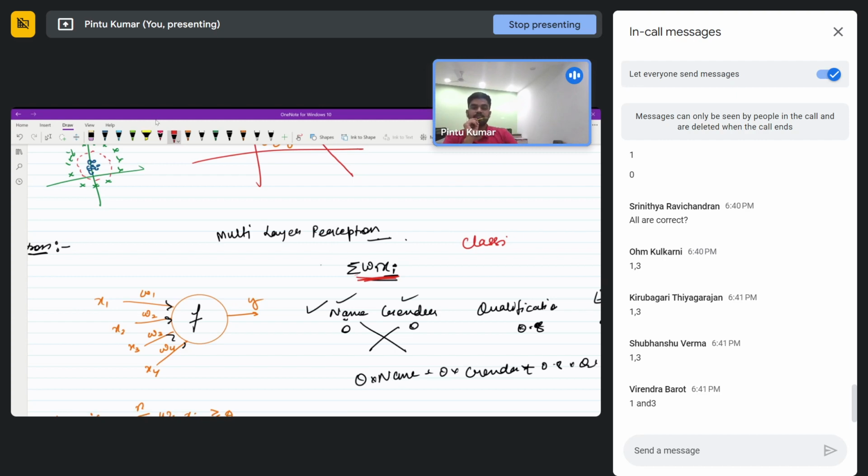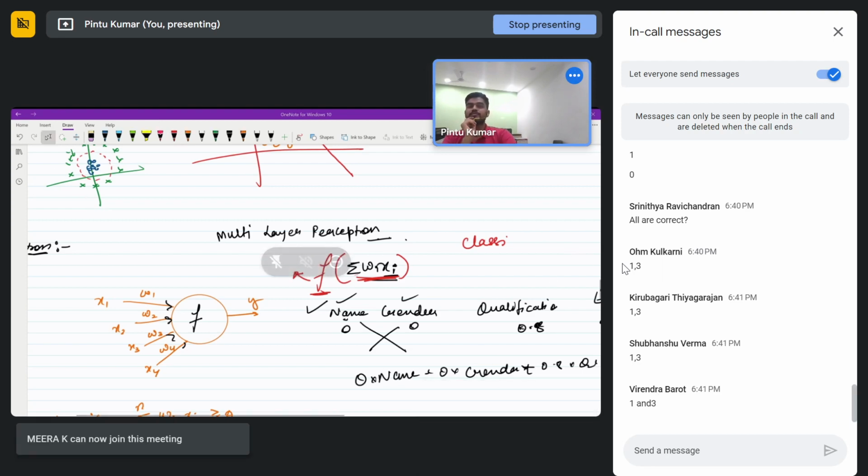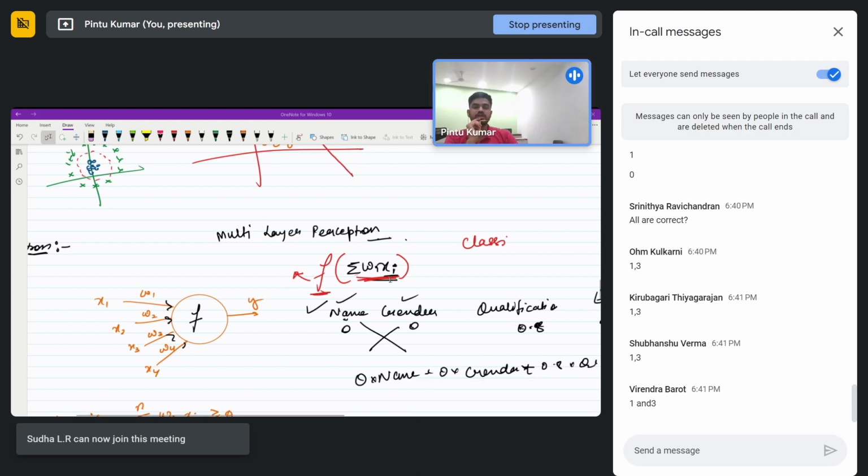So we can pass this linear quantity through some non-linear function f. What are the possible non-linear functions? What can we do with them? That we'll see in next week's content. But today, let's say that it is possible to convert this linear quantity into a non-linear quantity by passing it through some non-linear function.